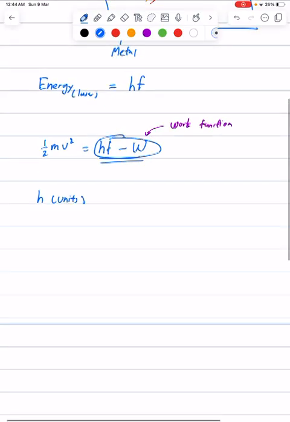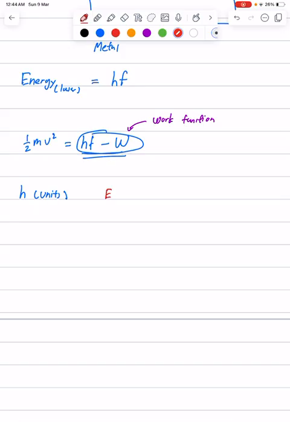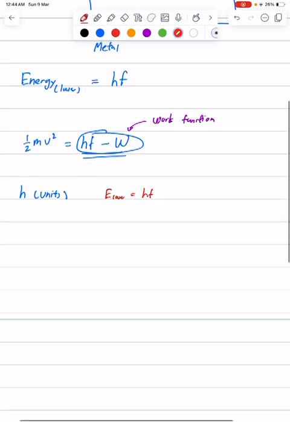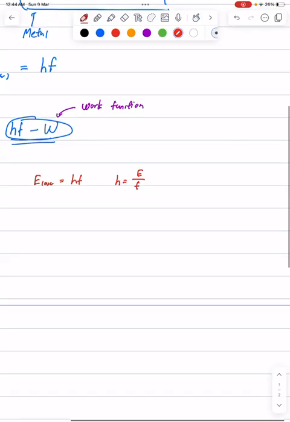Let's rearrange this top equation. We know that E of laser equals h times f. So that means h equals E over f. So it has units of energy over the units of frequency.